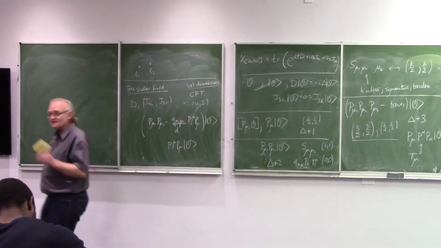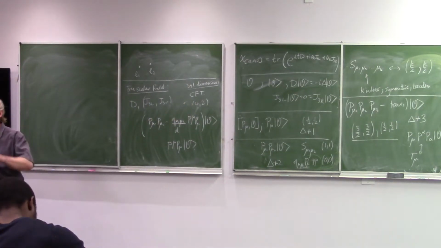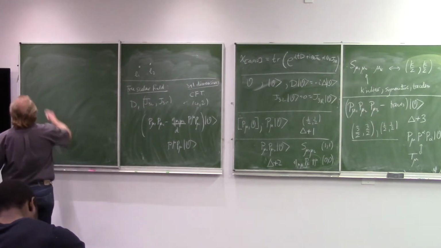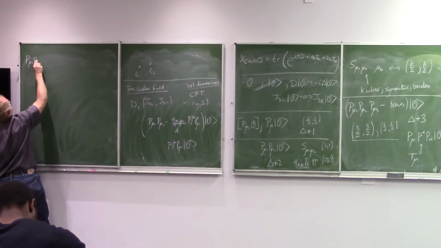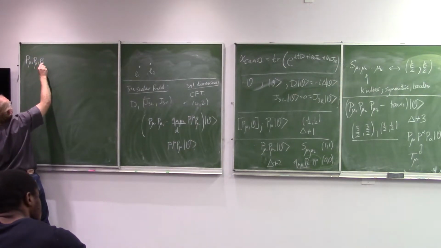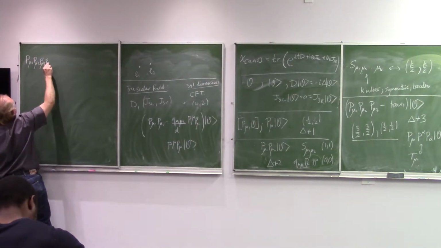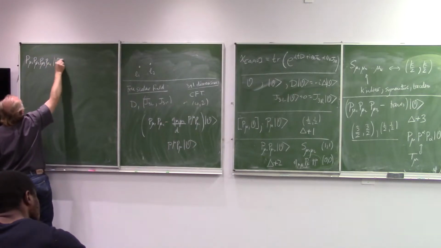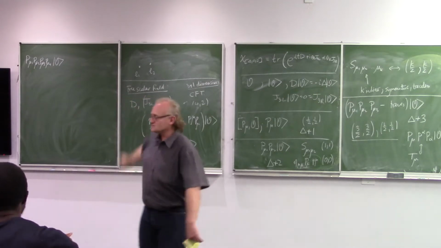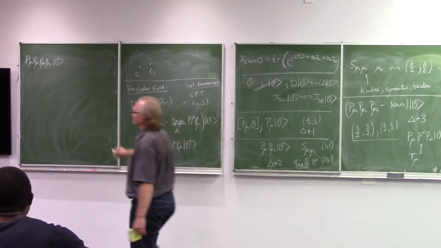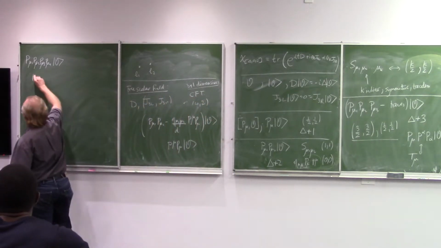So now let me give you another example, and I want to know what are the spins for this example. So the next table, P, mu1, mu2, mu3, mu4. So now we're at the 4th level. That's one of the operators. What spin will that one have? 2, 2, good.